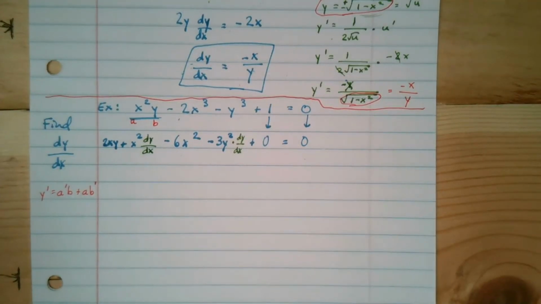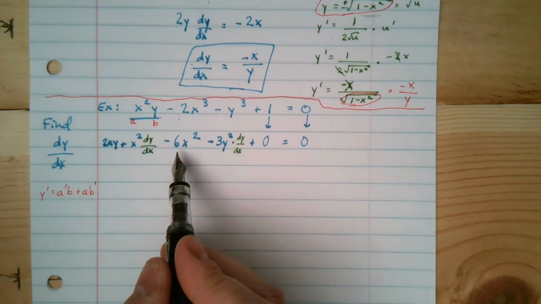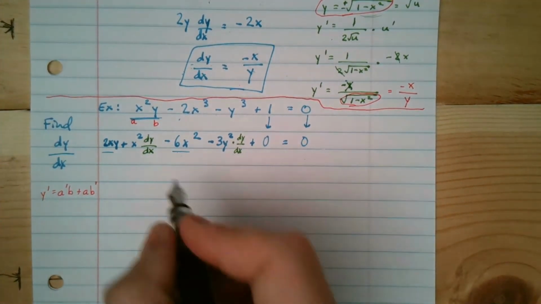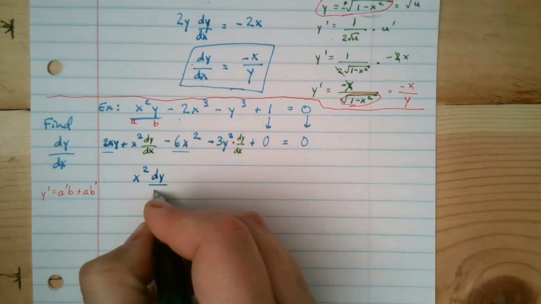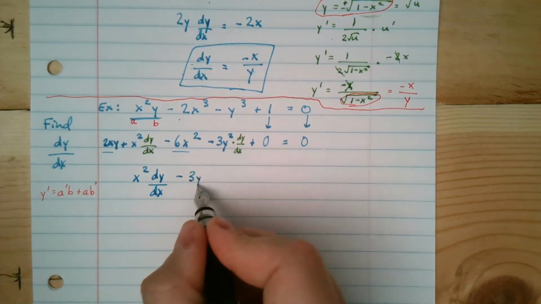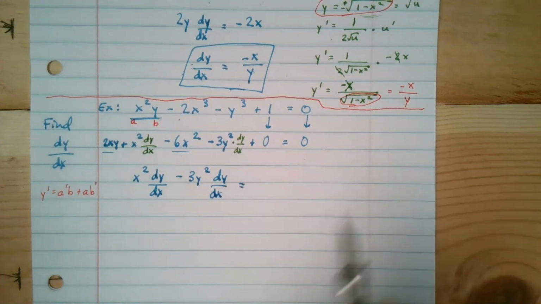dx. Now, let's get everything that doesn't have a dy dx over to the right. So we're going to get x squared dy dx minus 3y squared dy dx stays on the left.